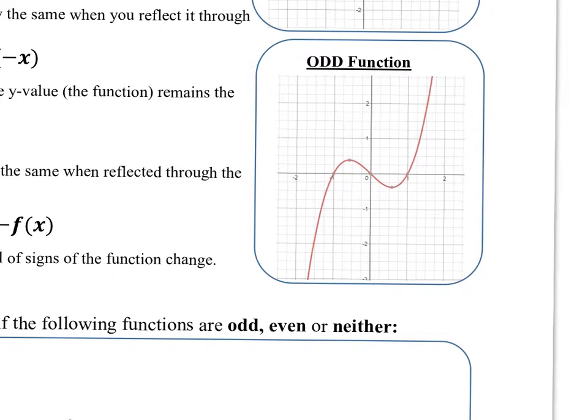And for symmetry in the origin, if I plug in this point for x, it's 2 for y. But if I change it to the negative of what that was, it becomes negative 2. So the whole function gets negated.